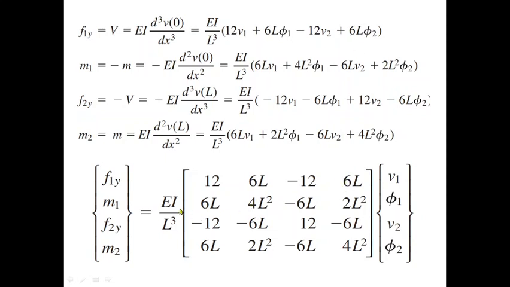Similarly for the next equation: 6L, 4L square, minus 6L, 2L square; then minus 12, minus 6L, 12, minus 6L; then 6L, 2L square, minus 6L, 4L square. This forms the stiffness matrix. So this is the entire force equation, with EI by L cube outside, and this matrix will give you the stiffness matrix. Thank you for your time, and in the next video we will discuss shape functions.